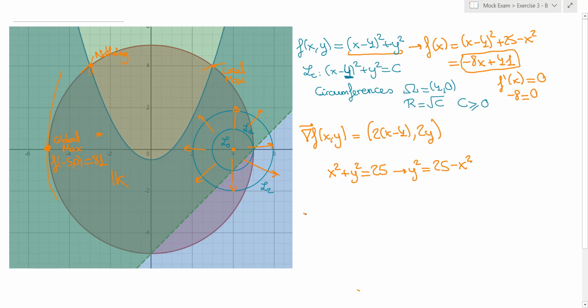So if you were asked the image of f in this region, it would go from the global minimum, which is here, the least possible value of the function, which is 0, to 81. Okay, and with this analysis, we would be done.